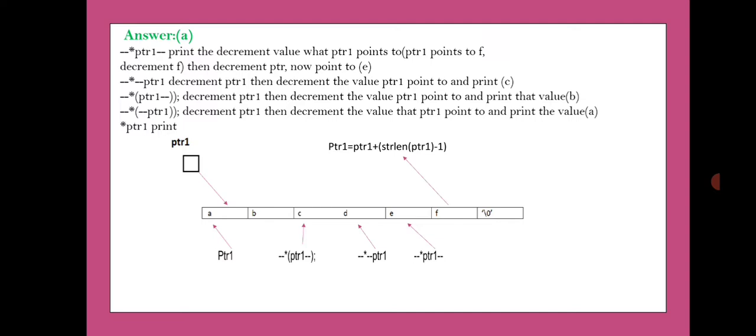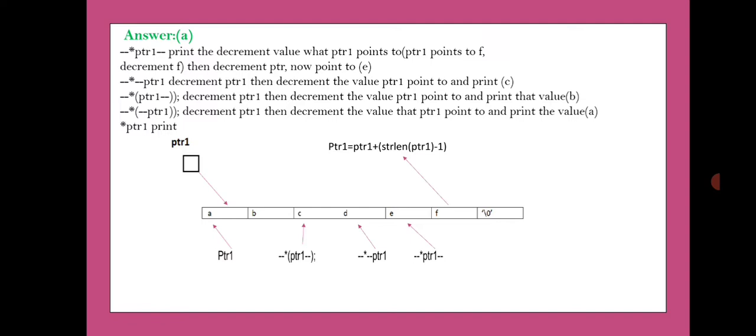What does ptr1 point to? ptr1 points to F, decrement F. Then the decremented pointer now points to E. You can see in the figure, this is how it is associated.